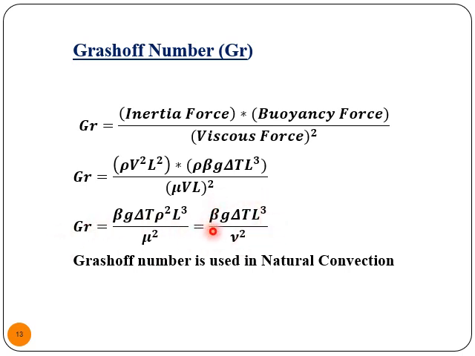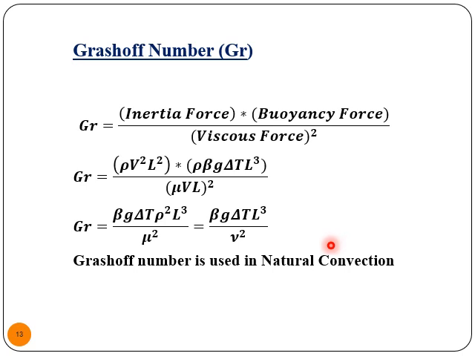And since this term has buoyancy term, this is related to natural convection, because in natural convection, when you have heat transfer, suppose you have a hot surface, the movement of the fluid is because of the change in density.